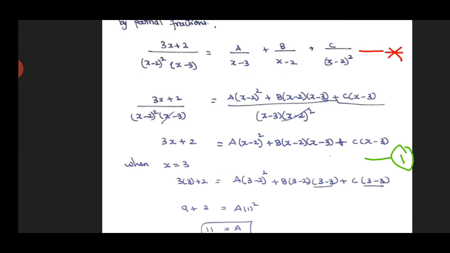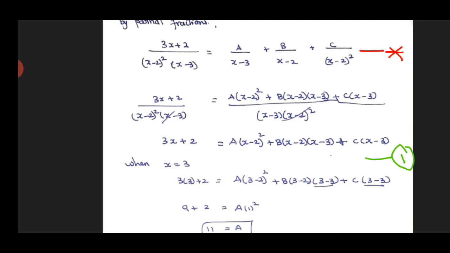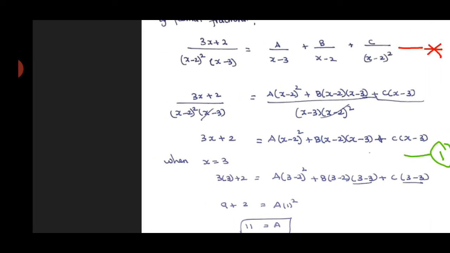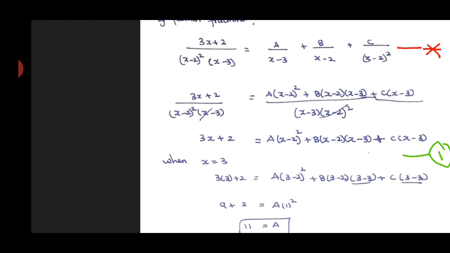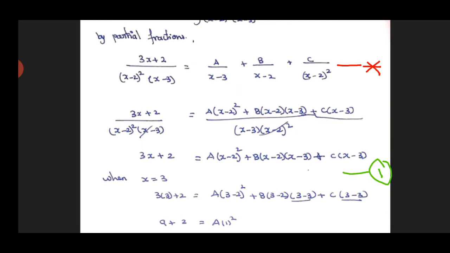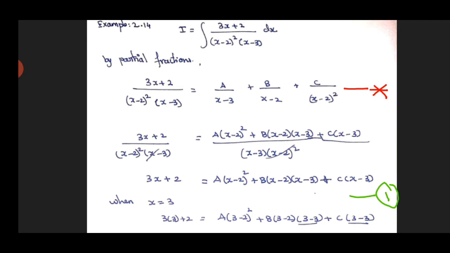Which one has the lower degree? x − 3. So first you write a/(x − 3). Then plus b over x − 2, leaving the square and writing the polynomial alone, so b/(x − 2). And for the last term, c over the whole part, that is (x − 2)². So this is the rule to write this expression.